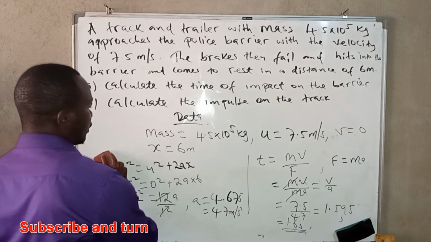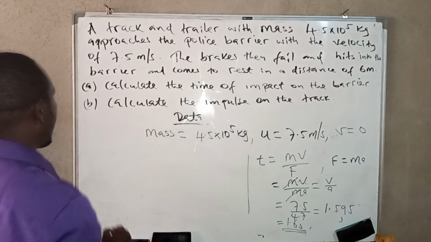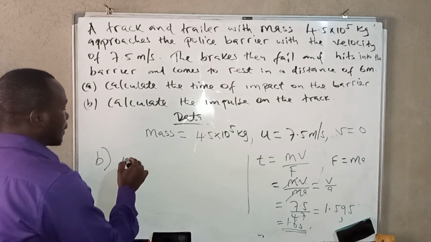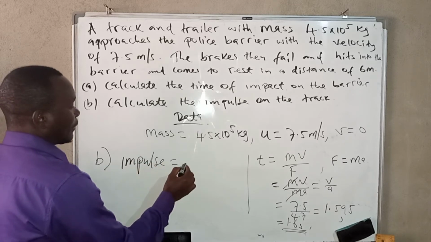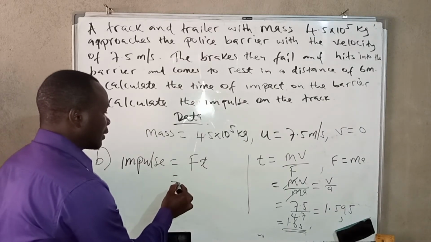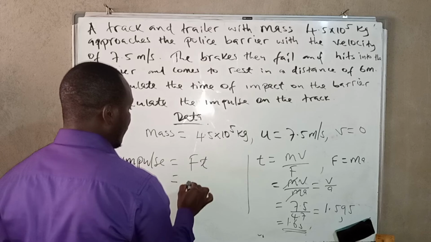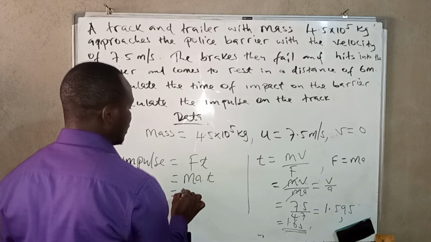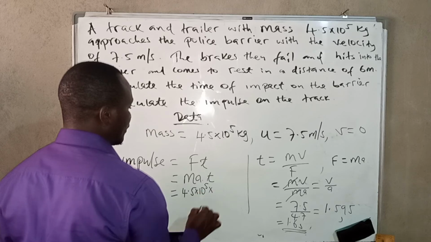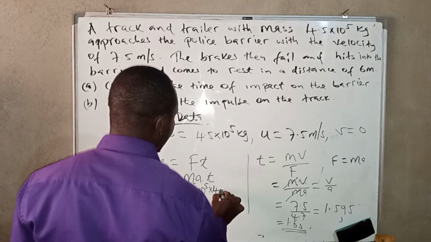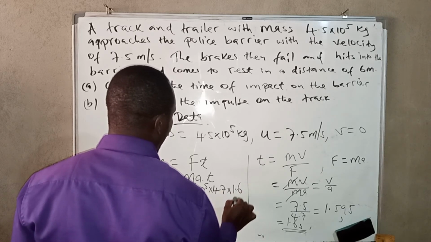And for the second part, which is B, finding the impulse. This is simply Ft. It is Ft, and it is given by, F is equal to ma, force is equal to ma, times time. The m that we have is 4.5 times 10 to the power 5 times a. The acceleration that we found was 4.7 times 1.6.